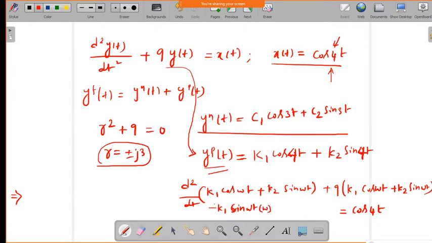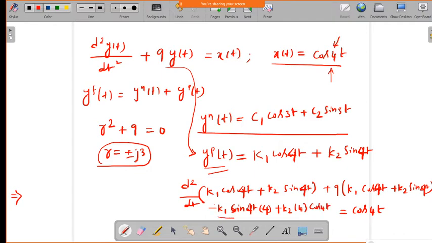So, the same thing you put here, cos 4t and sin 4t, where omega is already given in the input. So, assume the same form, which is k1 cos 4t plus k2 into sin 4t. So, now here minus k1 sin 4t into 4, plus k2 into 4, the derivative of sin is cos 4t.